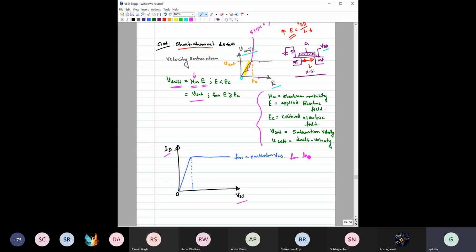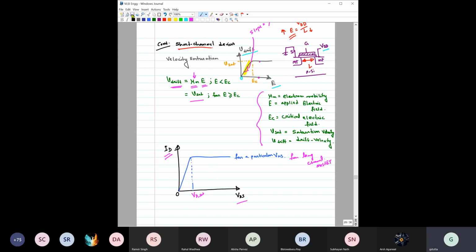This is for a long channel MOSFET. Here this is VDsat, like this is the linear region, this is the saturation region, isn't it? Remember, this is ID; I am not plotting the velocity here, only ID and VDS.